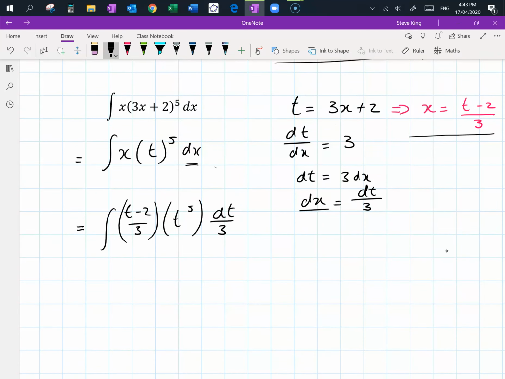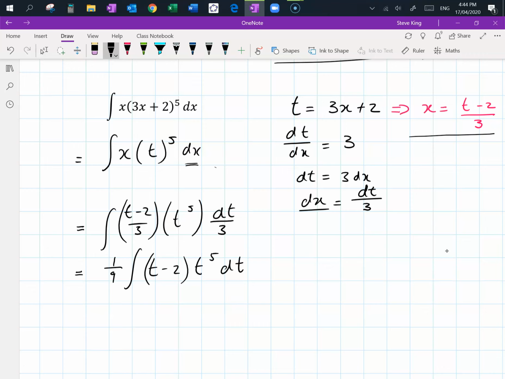I've got this first factor that's got a fraction with a denominator of 3. I've got this dt over 3 at the end over here. So I'm going to take out 1/9, a third times a third. And that's going to leave me with the integral of t minus 2 times t to the power 5 dt.